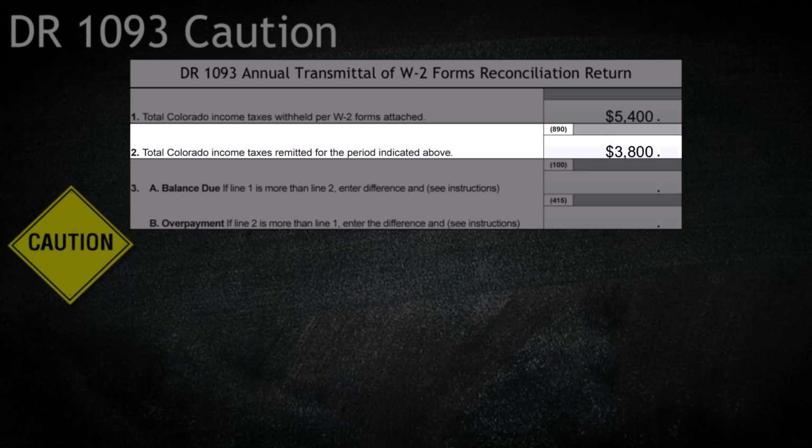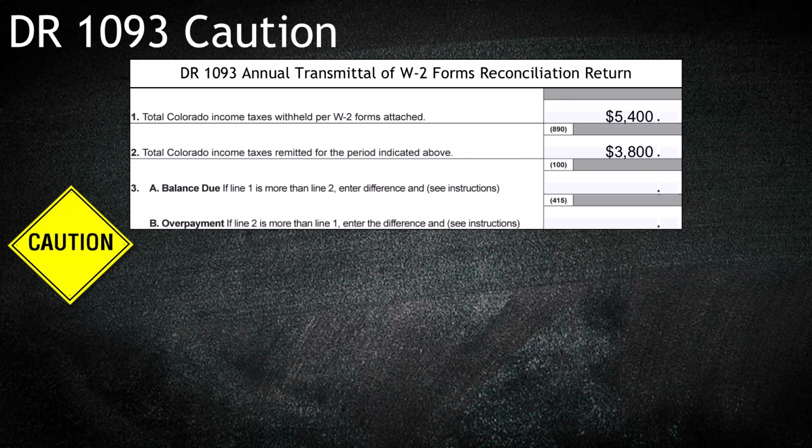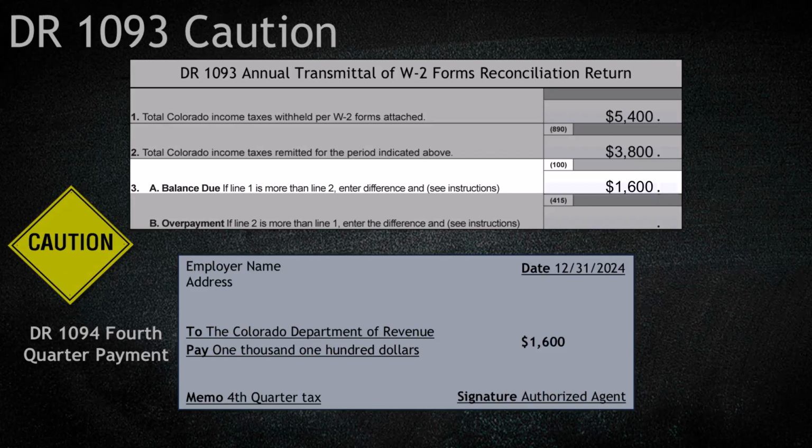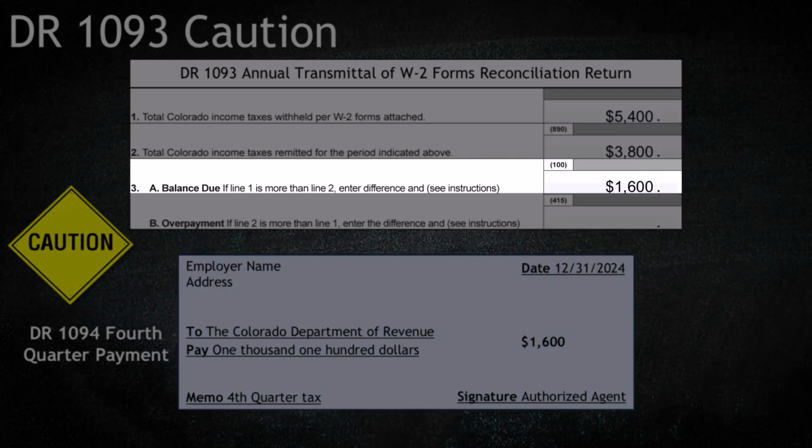In this example, the employer paid withholding taxes of $3,800 for the first 3 quarters. But when the employer completed Form DR 1093, they forgot to include the fourth quarter payment in the total payments on line 2. Since the $1,600 payment was excluded on line 2, it will appear as a balance on line 3A.